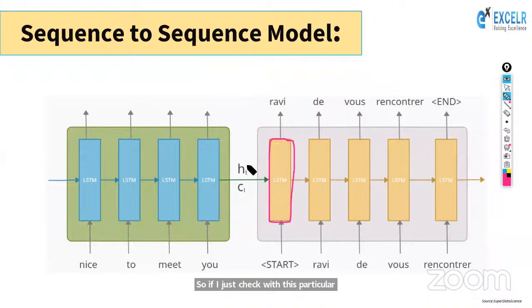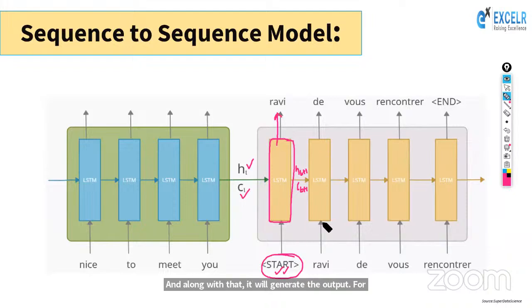One is HT, CT, and this start token. This is the token we provide to signal the start of the decoder part. And the two outputs of this LSTM cell are HT plus 1 and CT plus 1, and along with that, it will generate the output.